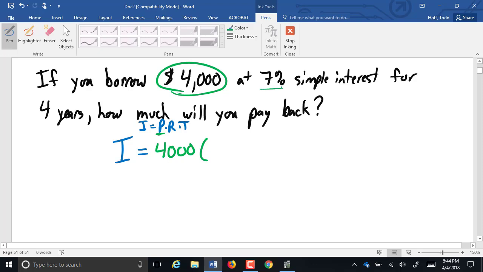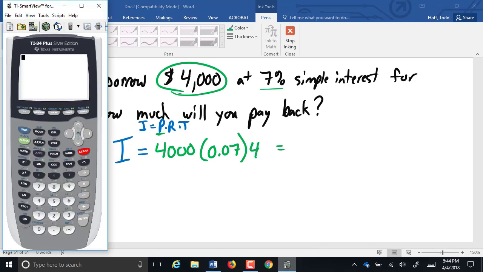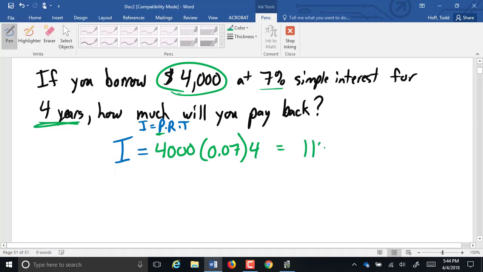Then 7% as a rate is 0.07. T, 4 years, 4. So we just multiply that out. 4,000 times 0.07 times 4 gives us $1,120. That's our interest.